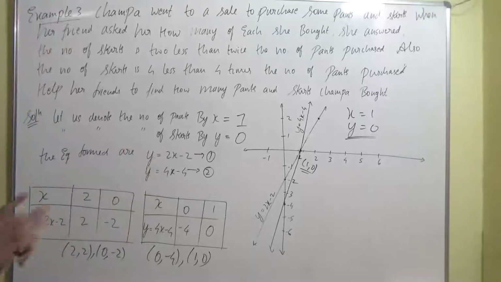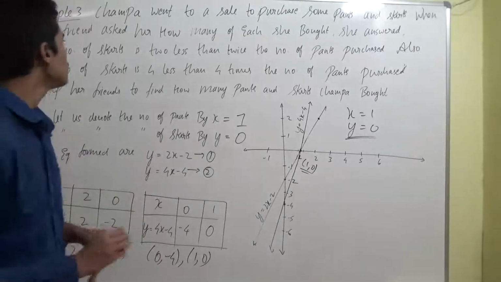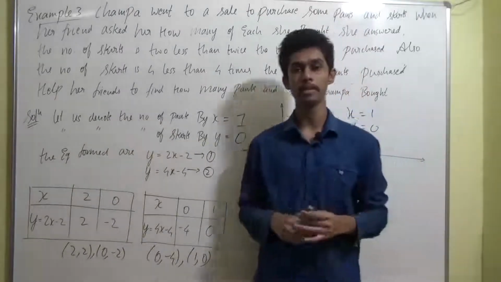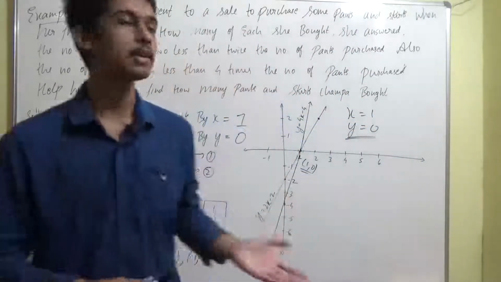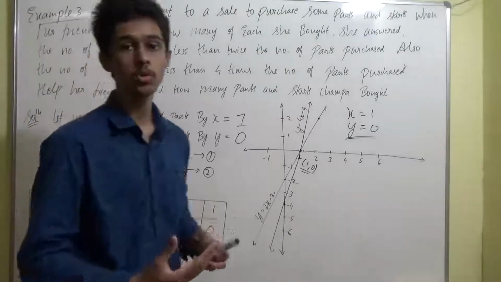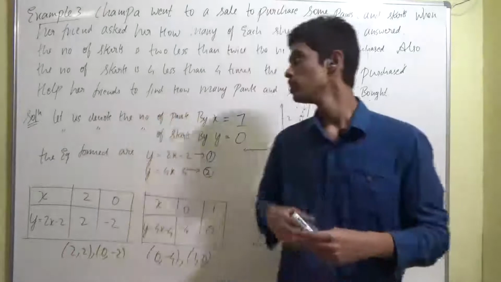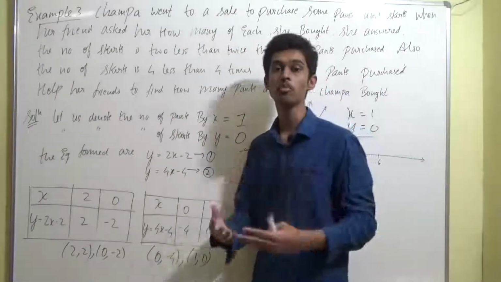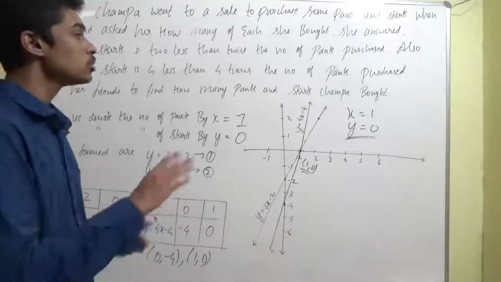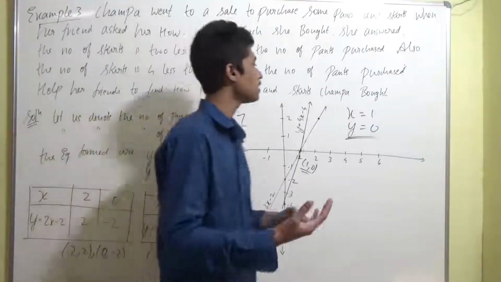I think now you are thorough with the graphical part and my explanation and the explanation through examples. Now let's go ahead and solve some exercise questions. Let's go to the next exercise of this chapter, that is exercise 3.2. In that exercise you will be solving these types of questions which will make you more comfortable with this concept and make you completely thorough with it, guys.